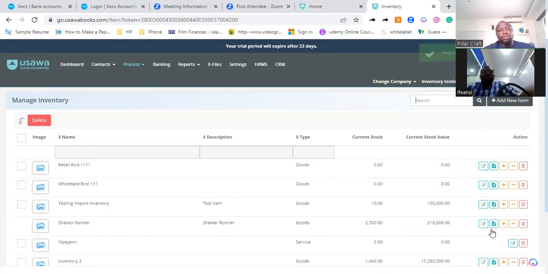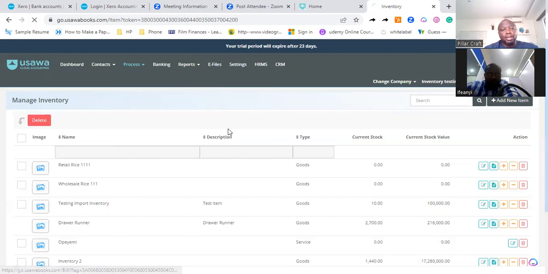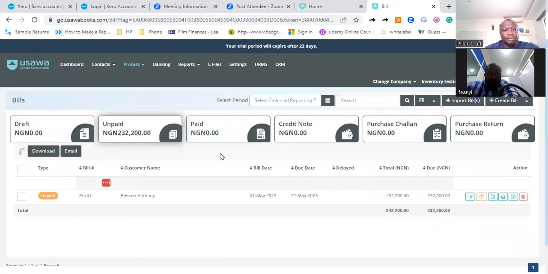There is no issue if you are buying. Okay, let's create a bill just so that we are all there. So let's buy 5 cartons, because you don't buy retail, you buy in wholesale, right? Yes.